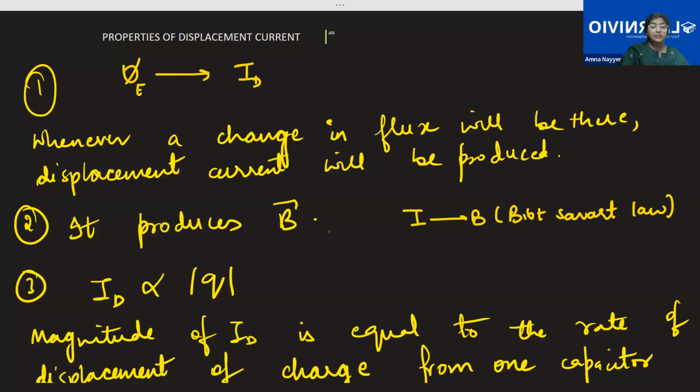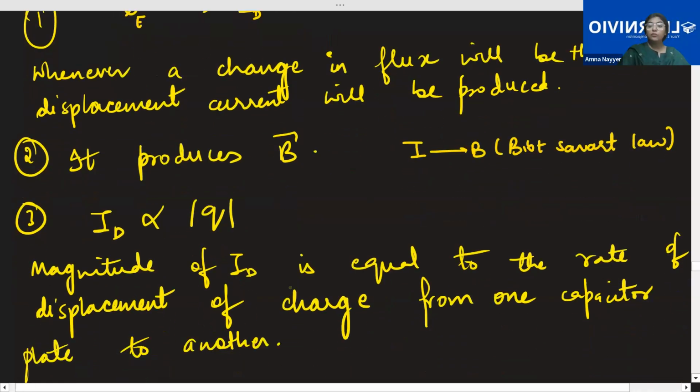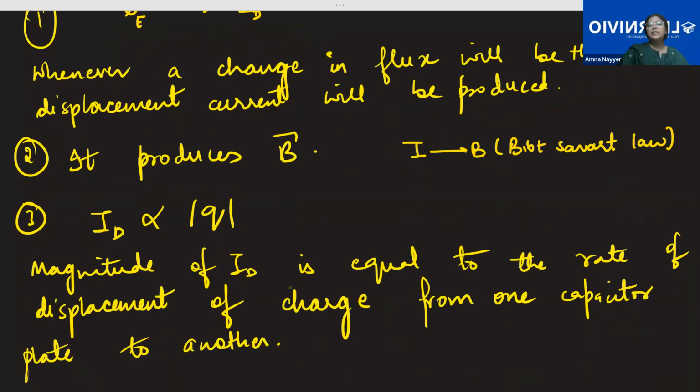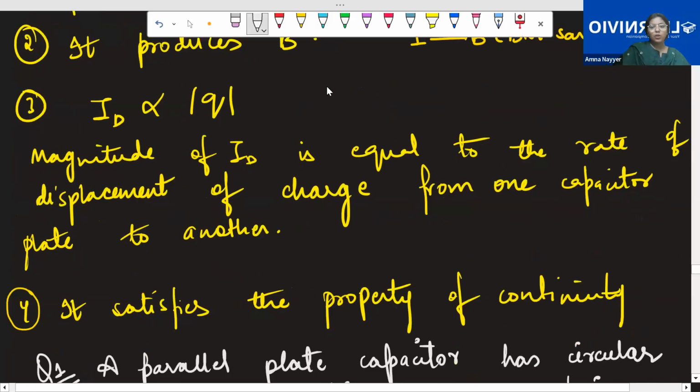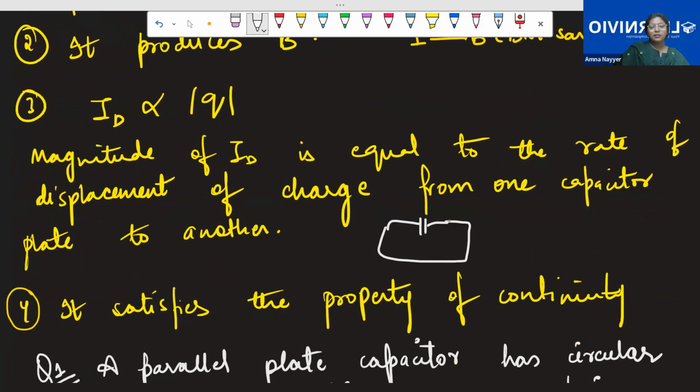Now, displacement current is directly proportional to the magnitude of the charge. Greater the charge, greater the current. Lesser the charge, lesser the current. Last is it satisfies the property of continuity. Earlier, let's say this is a capacitor plate connected to the circuit. It was said that the current flowed till here and through here like this, and there was no current between the capacitor plates, right?